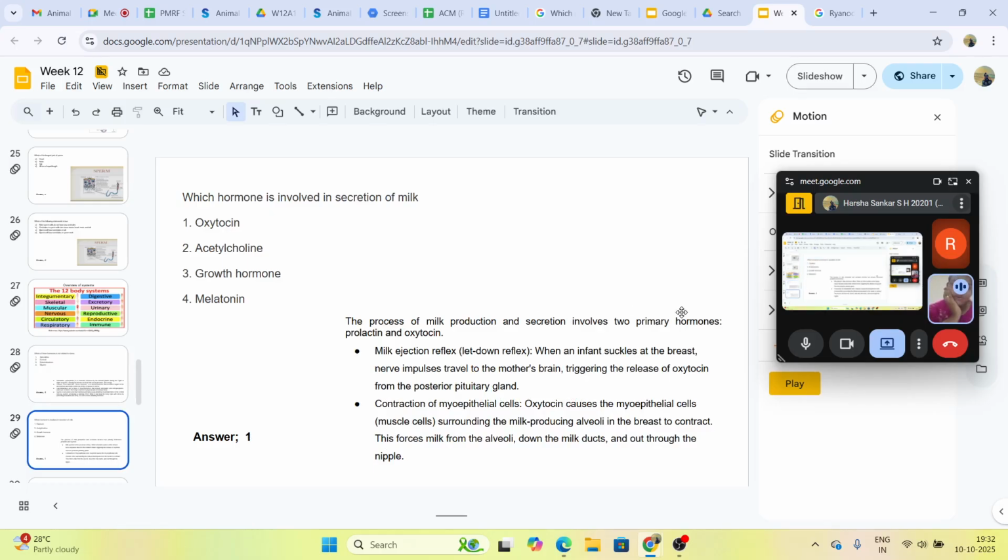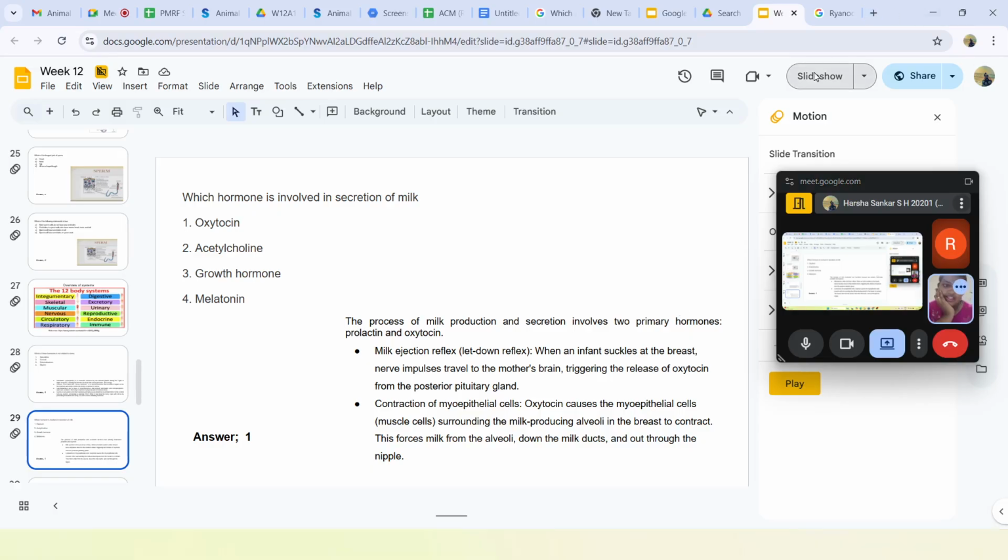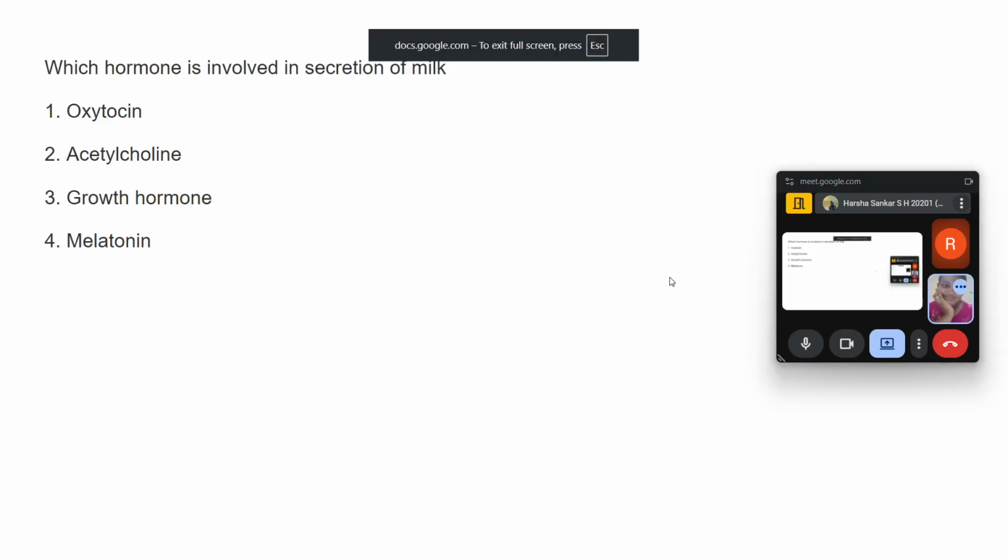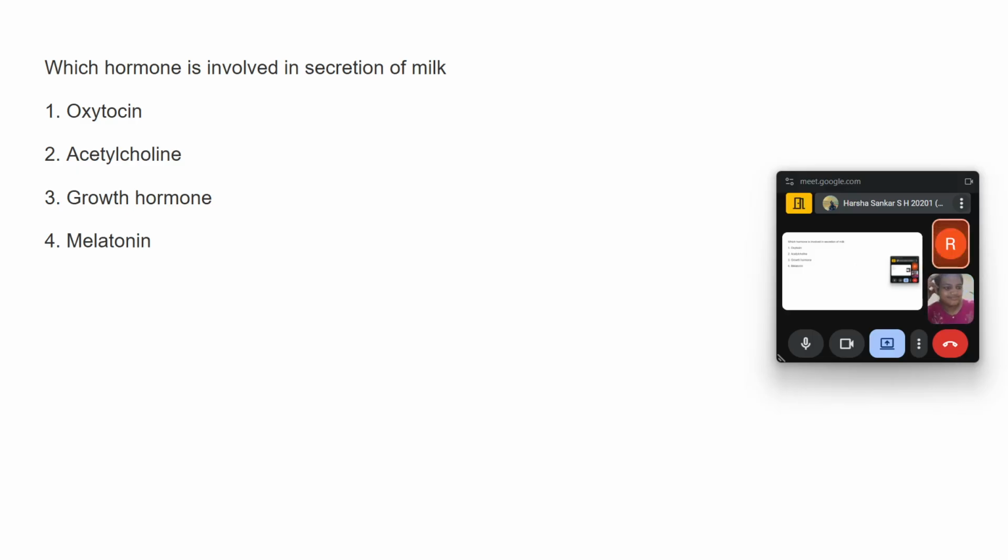Which hormone is involved in secretion of milk? We discussed the same question in the cow example a little while ago. What was the answer? What is the function of melatonin?